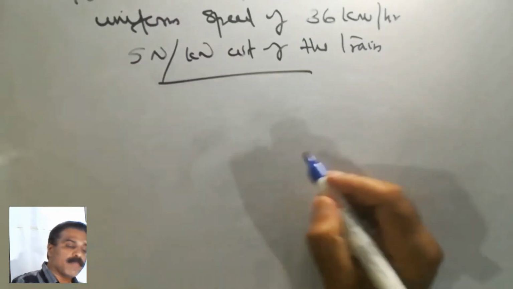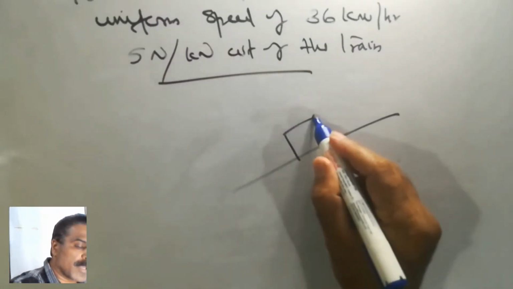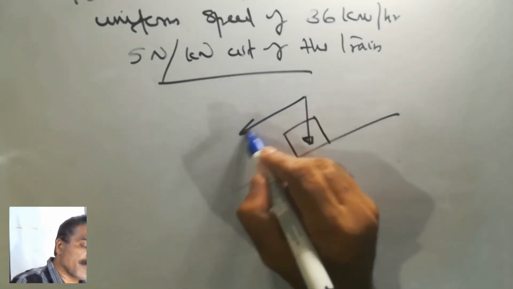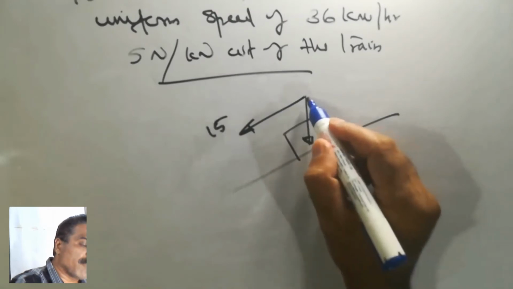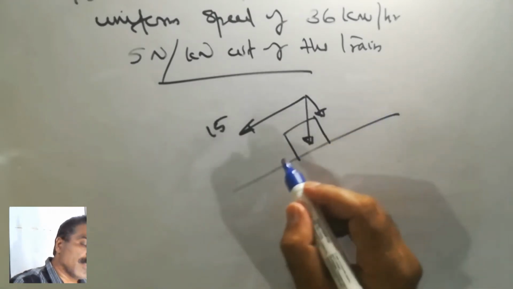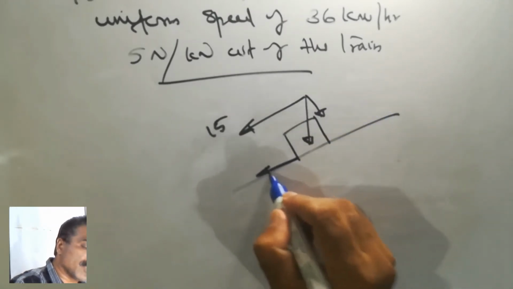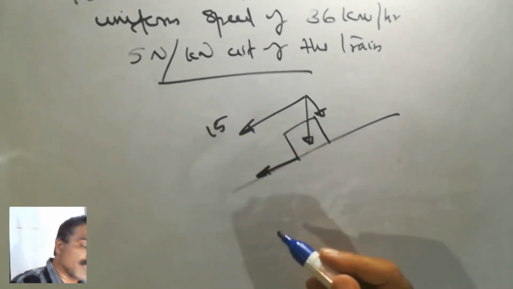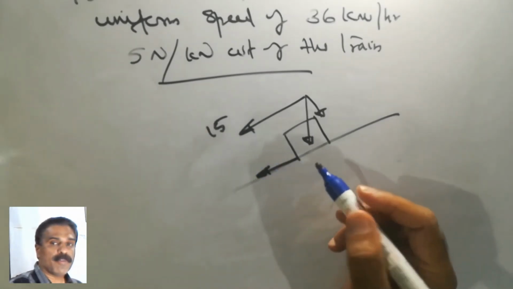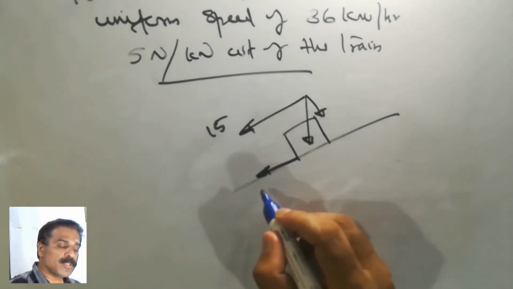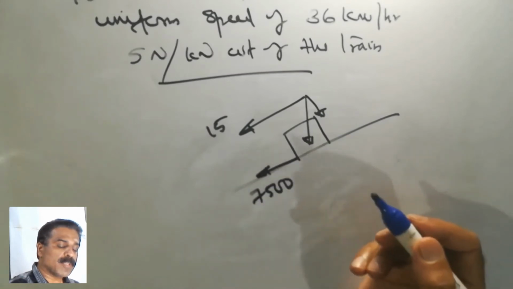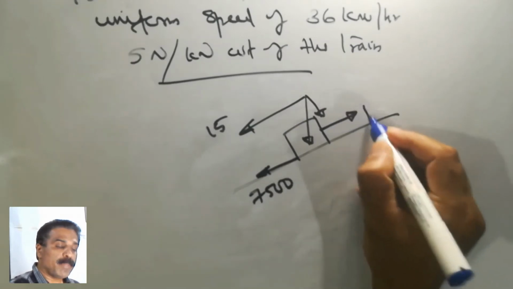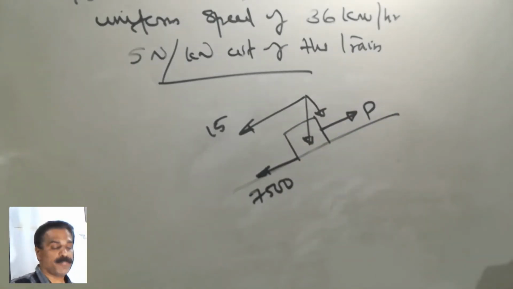I'll draw the free body diagram for the train which is moving up the plane. That is, this is 15 kilonewton, and the resistance is 7,500 Newton, and P in the upward direction.